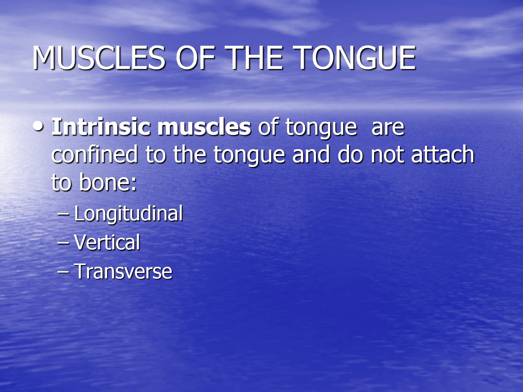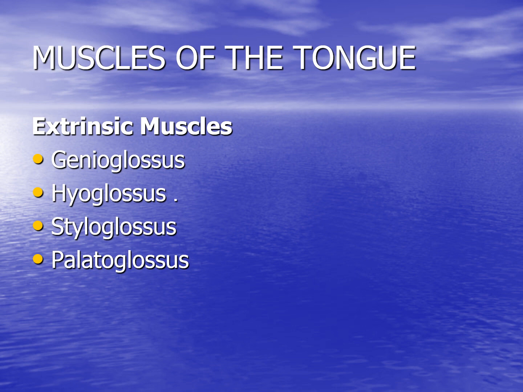We have also other muscles which are extrinsic muscles. We have 4 muscles. They come from bones and they attach to the tongue. All of them are called glossus at the end. Glossus means the tongue.